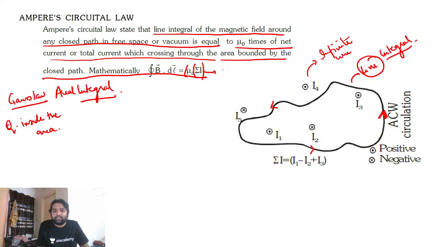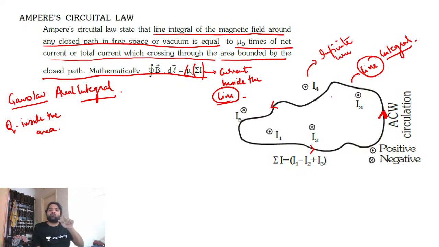This is the current inside the line. All this line integral means you will draw a line instead of a sphere. Instead of the total charge inside this surface, we will have current flowing through the area inside the line. Simple.